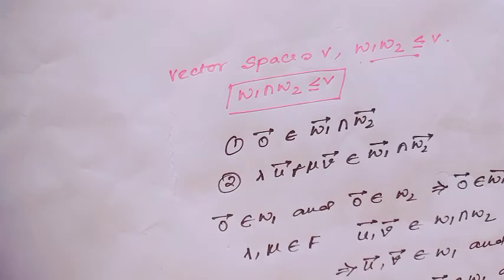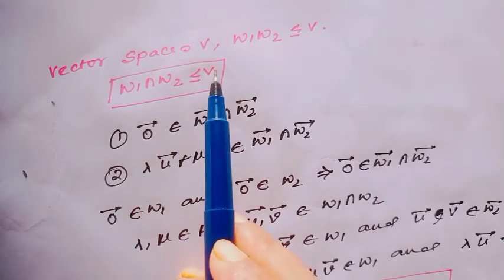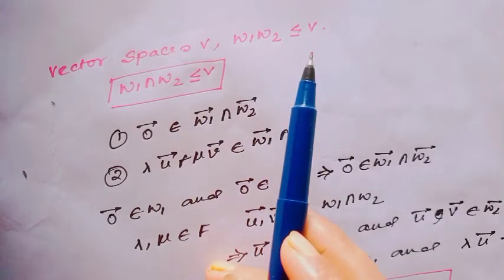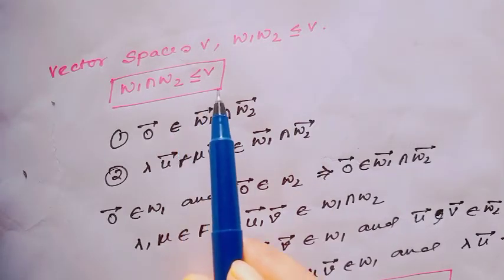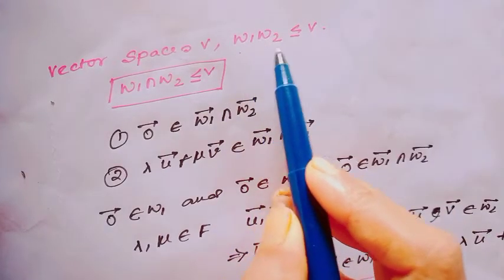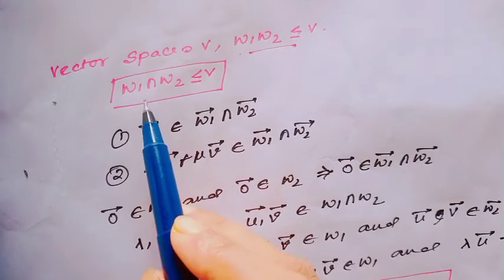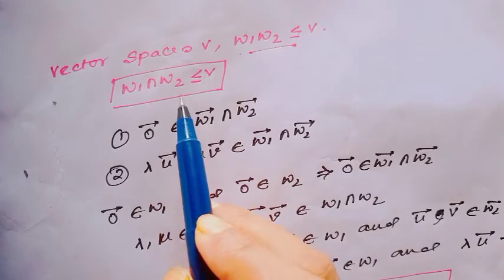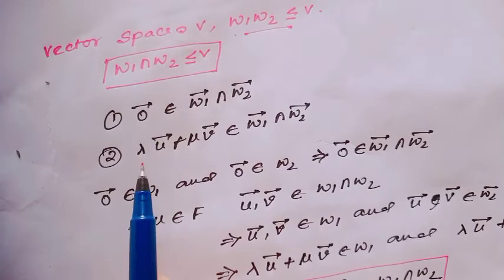Let's check quickly how W1 intersection W2 is a subspace of V. The theorem is: consider V a vector space and W1 and W2 subspaces of V. Then their intersection is always a subspace of V. Noticeably, W1 and W2 are old subspaces and now I will show their intersection is always a subspace of V. This is a very easy type of theorem.